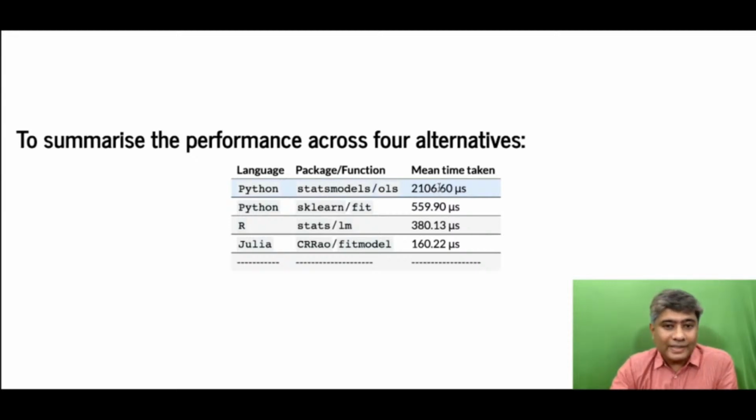We don't know exactly why it is so, but sklearn is taking about 560 microseconds, whereas R's lm, which is most popular for fitting a linear regression with stats, is taking about 280 microseconds, and our CRAW's fit model is taking about 160 microseconds.